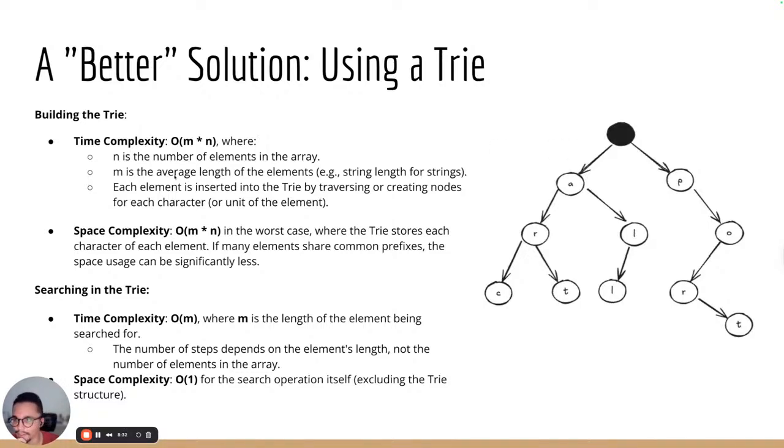And to build a tree, the time complexity is m multiplied by n, where n is the number of elements in the array, and m is the average length of the elements, the length of the string that you want to insert. Each element is inserted into a trie by traversing or creating nodes for each character or unit of the element, right?